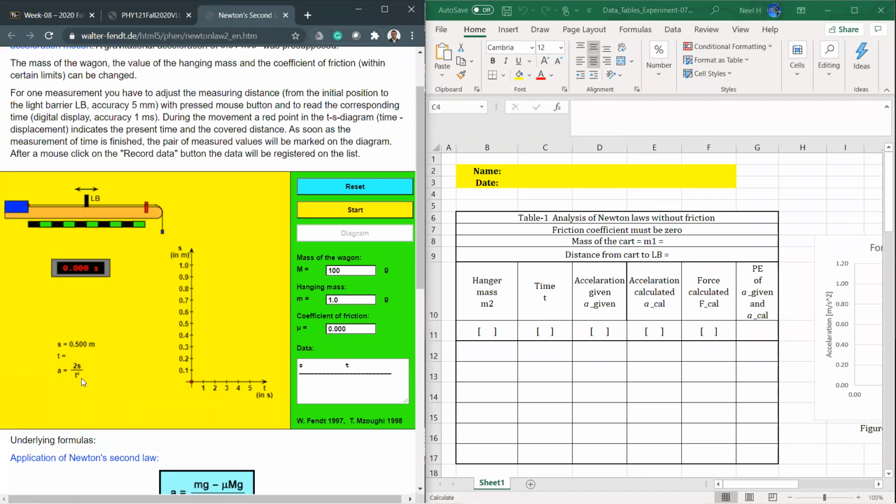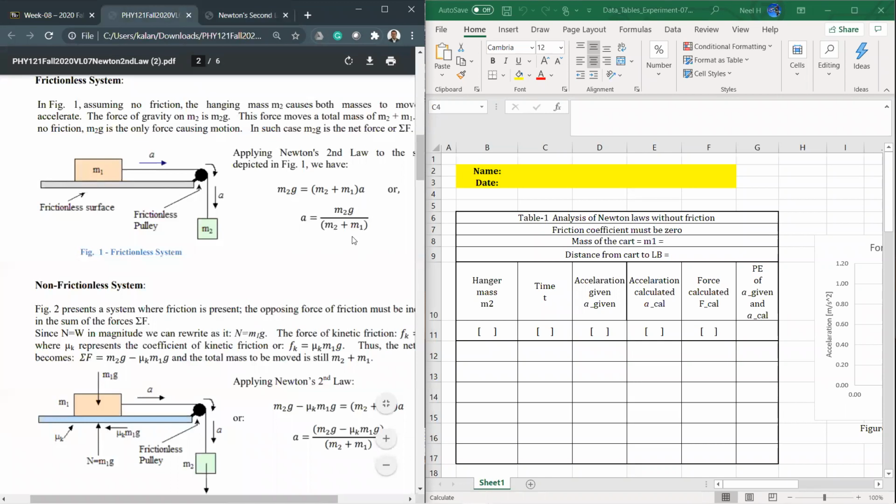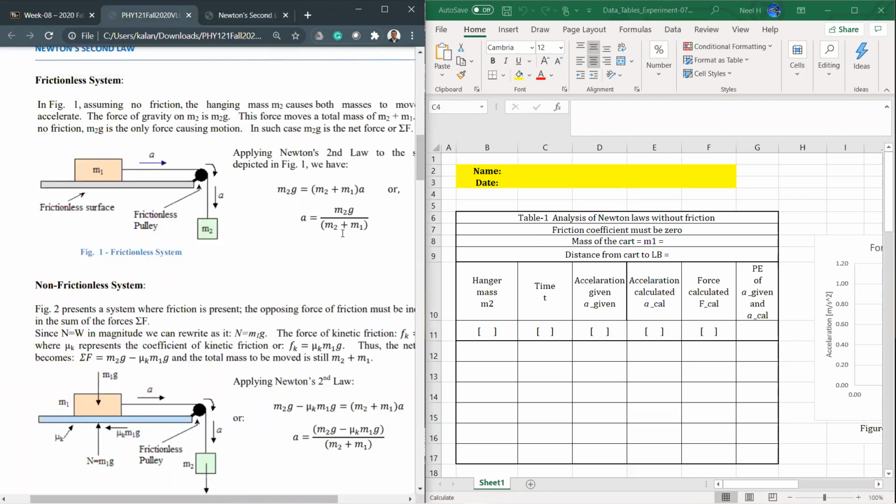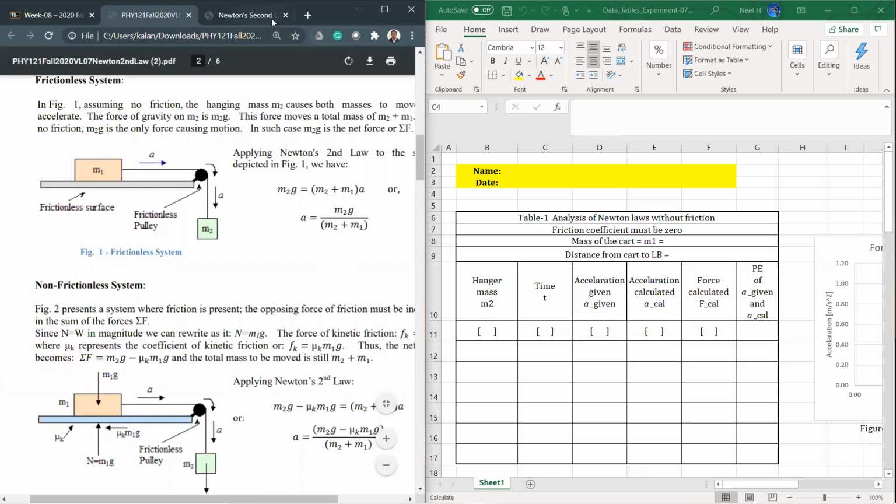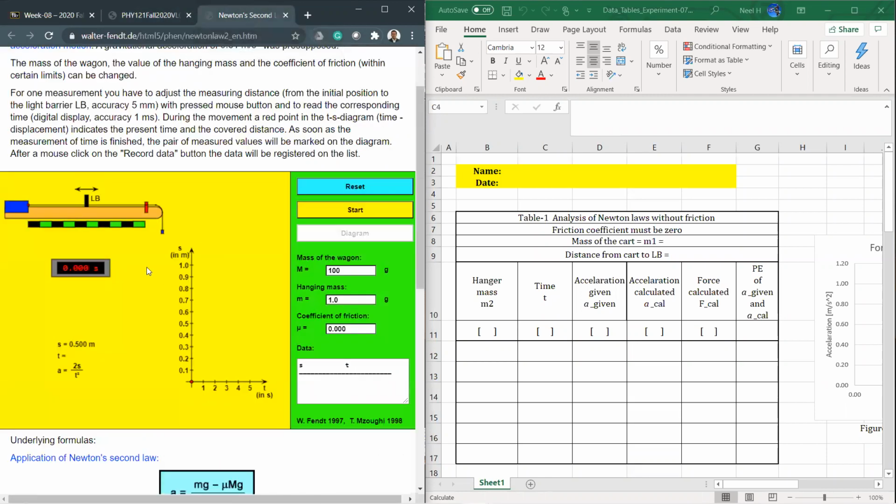That will provide you the number, but we're also going to calculate the same acceleration by using Newton's principle, that is, by using F equals m a, not the linear kinematics equation. We're going to compare those two. Technically, those two are going to be very closely matched because this is a simulated result. So our percentage error might be 0 or very close to 0 at the end.